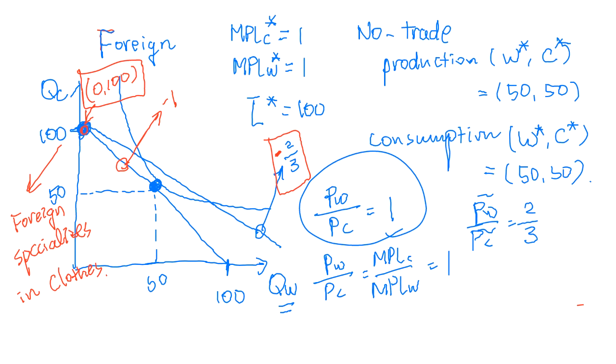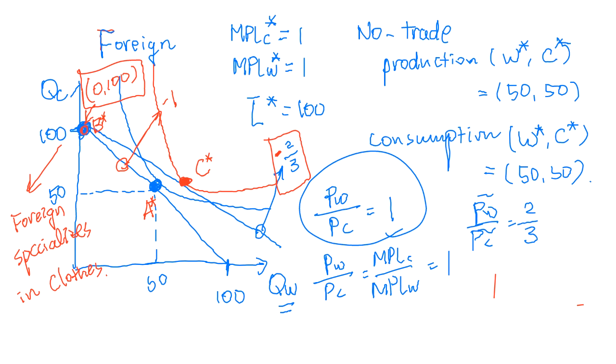So if we know the indifference curve or the utility function of the foreign country's consumer, then we should be able to get another point called C. C is the consumption point of the foreign country. Right?